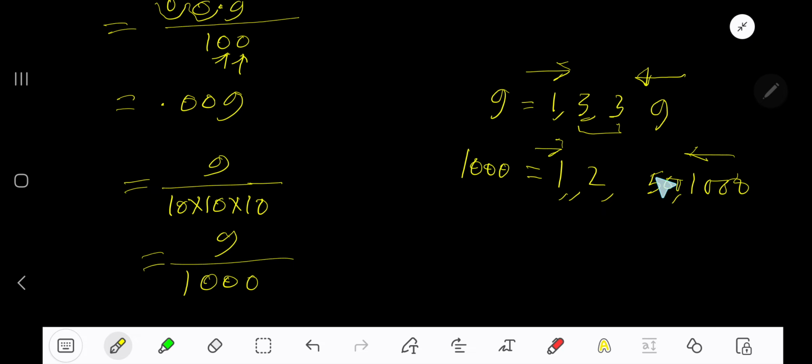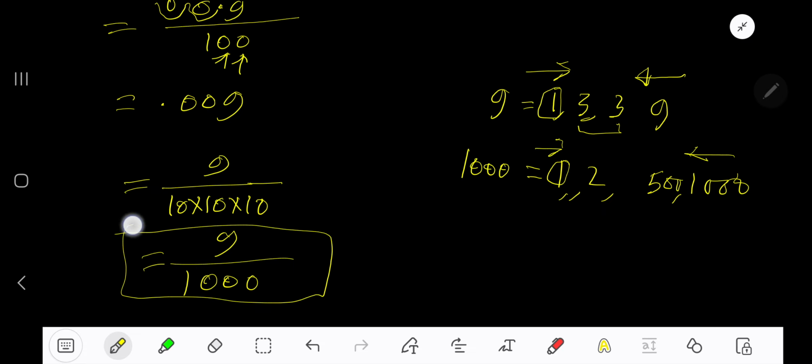Then 3 times what? Actually, the common factor between these two numbers is just 1. So if you divide 9 by 1 and 1000 by 1, you will get the same result. So this is the result, or lowest term, or simplest form.